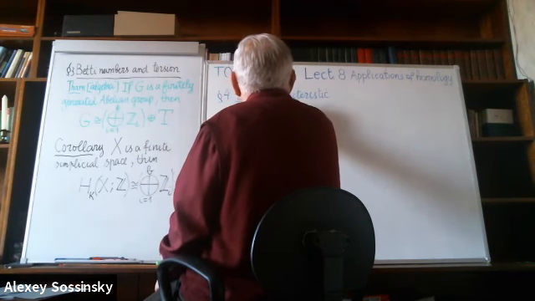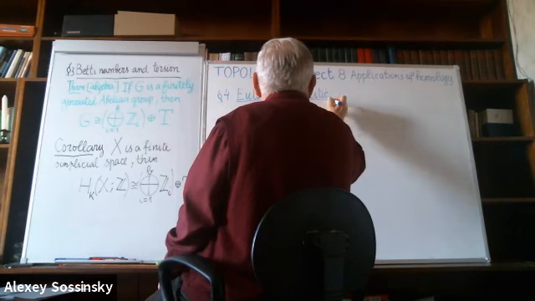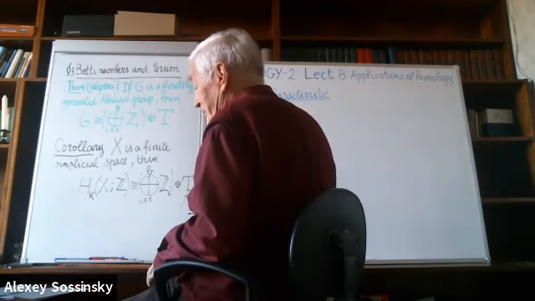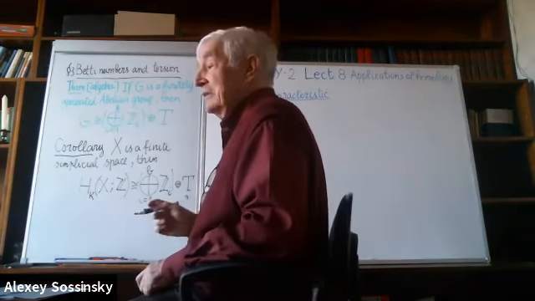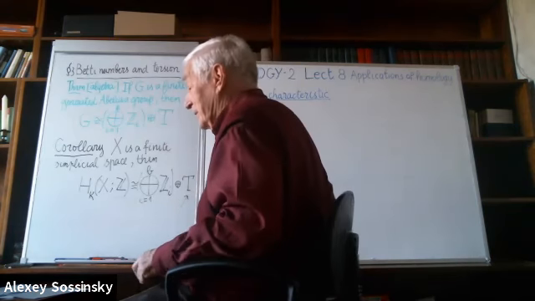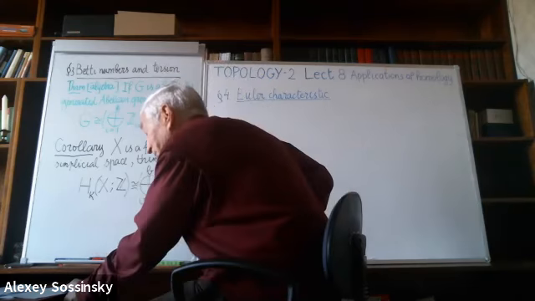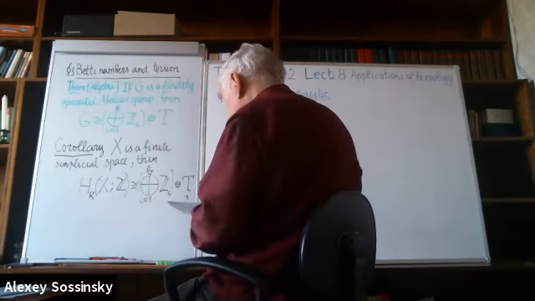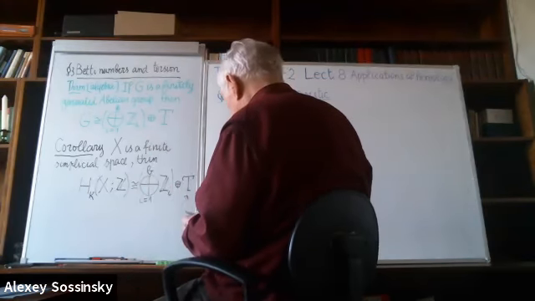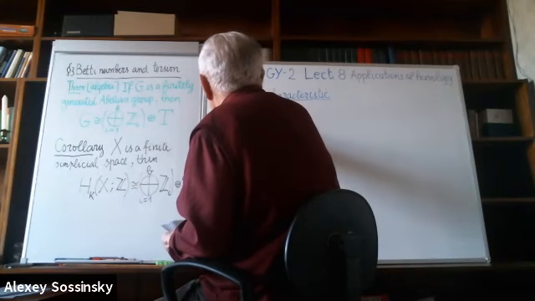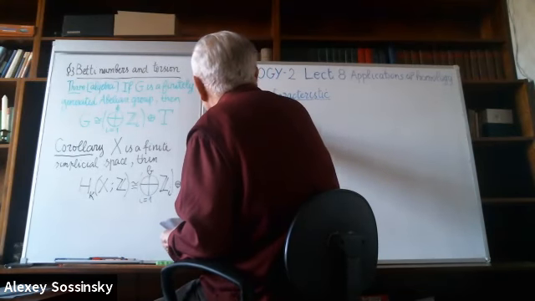Now you remember that the Euler characteristic was defined for simplicial spaces in a very simple way. It's the alternating sum of the number of simplices of each dimension.